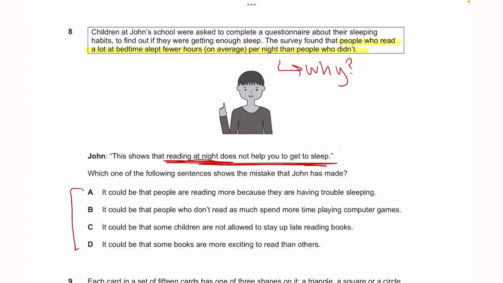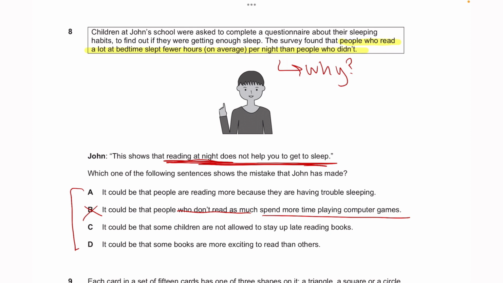We can definitely see that B doesn't make sense, because how can it be that people who don't read as much spend more time playing computer games? They would have mentioned it somewhere in the information in the box. So B is incorrect. Then we've got C: it could be that some children are not allowed to stay up late reading books. Well, that doesn't really give us evidence as to why people who were reading slept less.